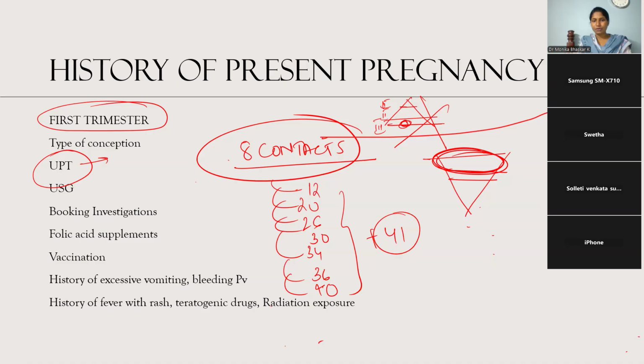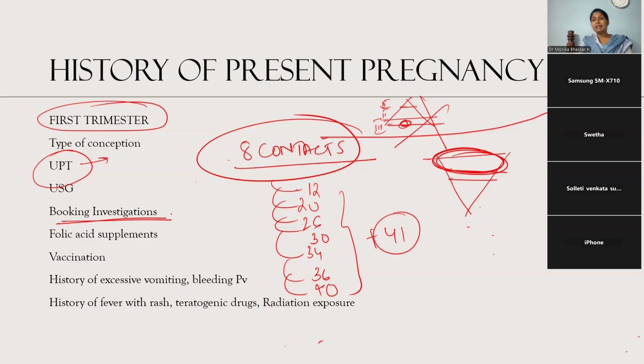Next, what is important for us to know is what is done as part of the first visit booking investigations. Whenever a woman comes to you for the first visit, she tells you, I've just done a UPT, it is positive, so you have to do an ultrasound, confirm the pregnancy, and do the booking investigations.